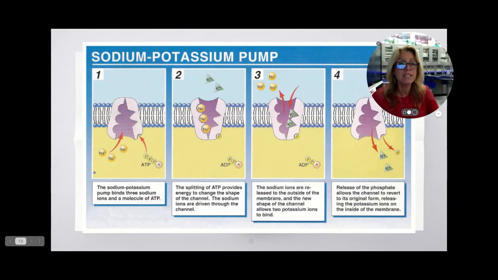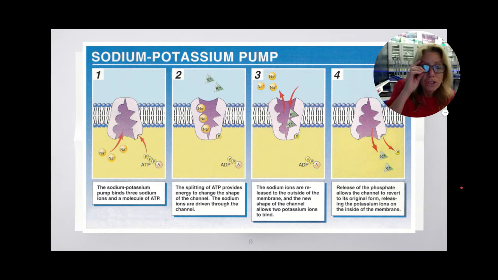Okay, and the first thing I need to do is I need to remind you of something we learned a long time ago, and that was the sodium-potassium pump. All right. Now, if you recall, the sodium-potassium pump is where you spend 30% of all the ATP you make from cellular respiration.